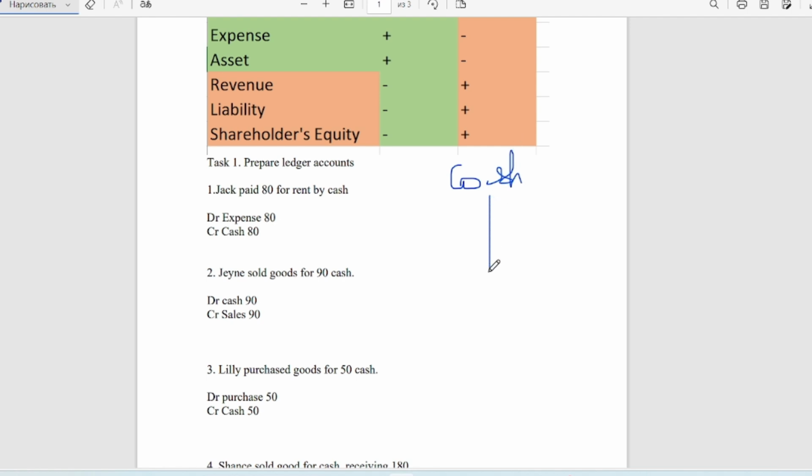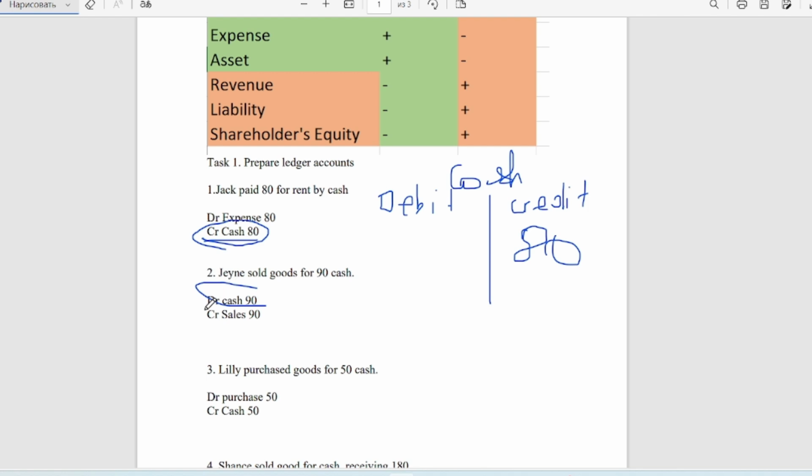Well, what is a ledger account? We have to categorize them as I mentioned, and we have to have debit on this side and credit on this side. In simple words, we have to write them. Let's take a look. Here we have cash on the credit side, so let's write it on the credit side.